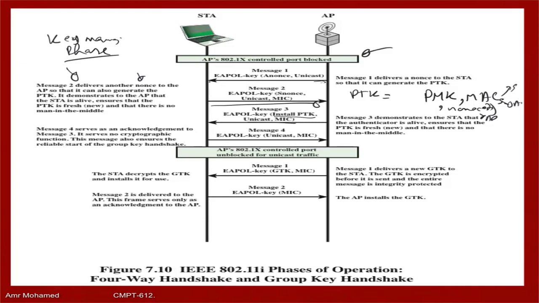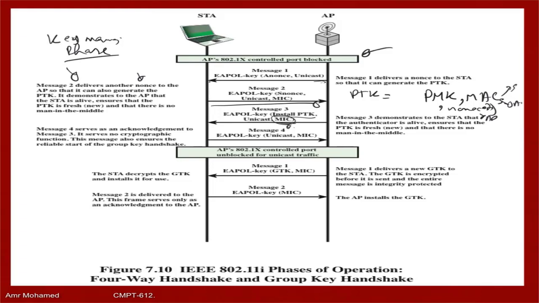So here we use the key confirmation key to generate some kind of MAC code that the station sends to the access point that confirms that the pairwise transient key process has been generated successfully.